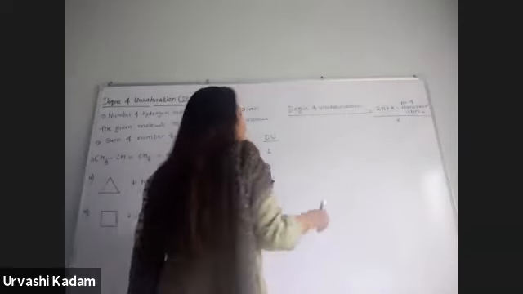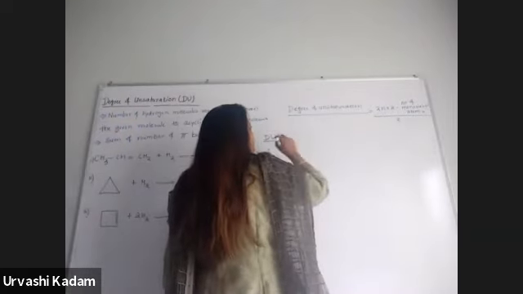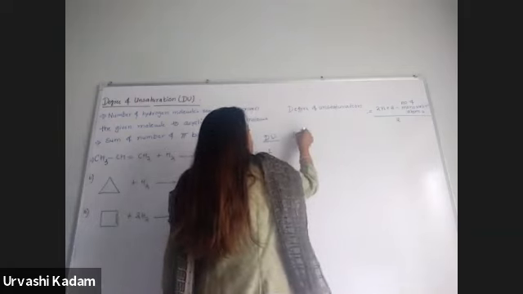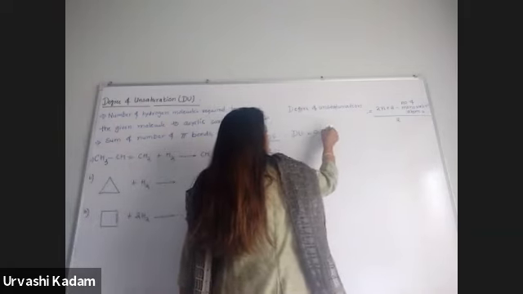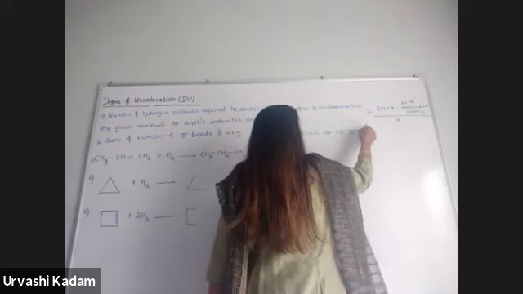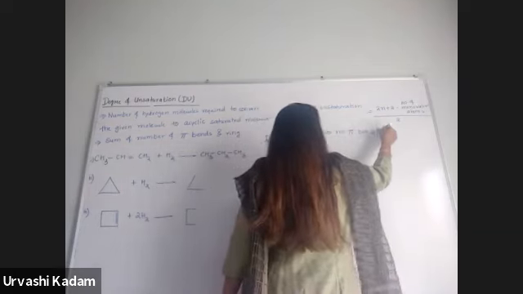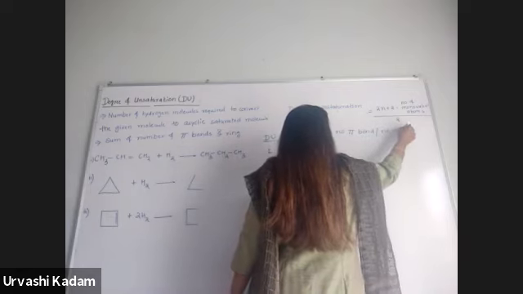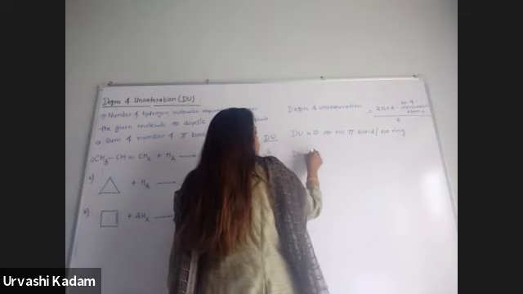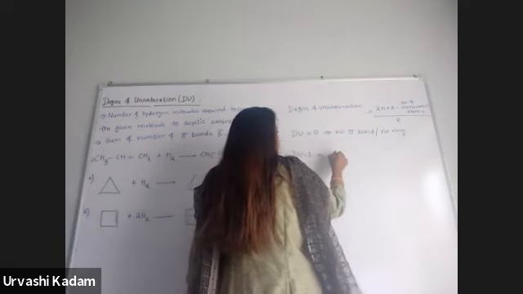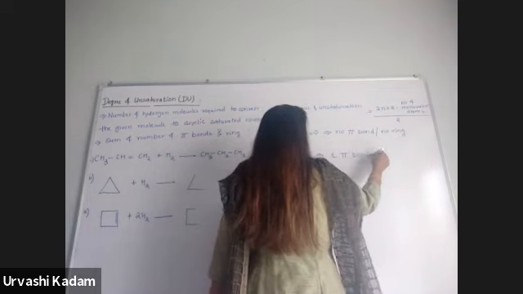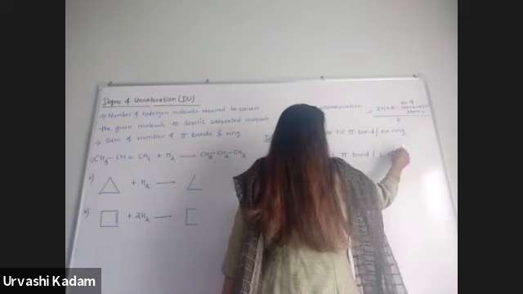Okay. Now, what I was telling you is by using this formula, the answer of DU comes 0. So what is the meaning of DU coming 0? DU coming 0 का मतलब होता है no pi bond, no ring. अगर DU का answer 1 आ गया तो उसका मतलब होता है 1 pi bond or 1 ring.